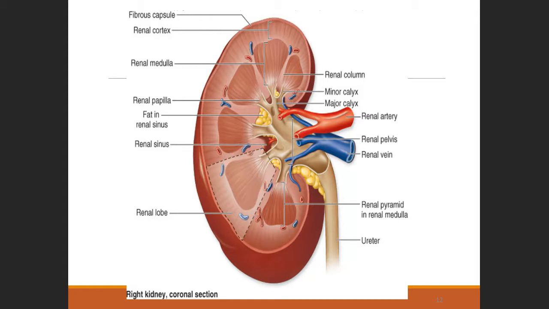Again, I said we'd be referring to nephrons as we go through here. The nephrons, the functional subunits here, we're going to find extending down into this renal pyramid. So if we draw a line straight down each renal column and take out a section of the kidney, we wind up taking a complete renal pyramid. We also have a deep portion that would be considered medulla, and we have a superficial portion that would be considered cortex.